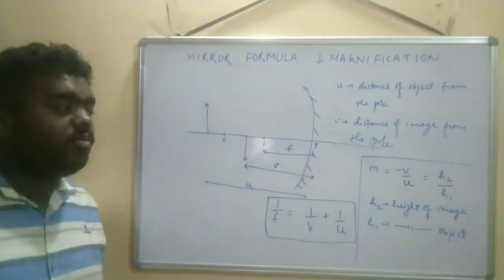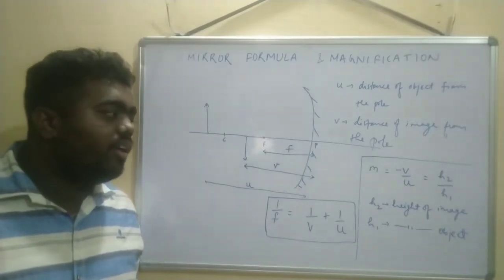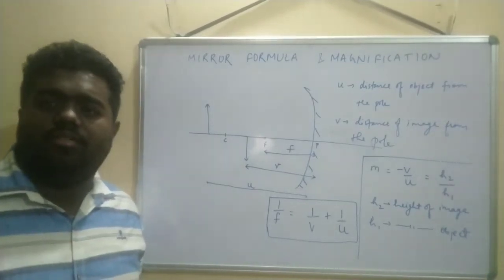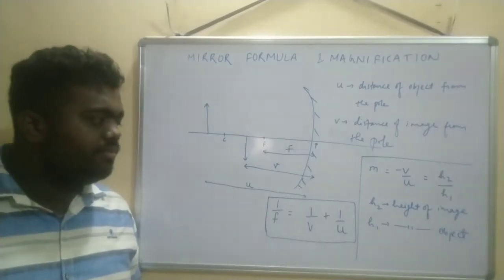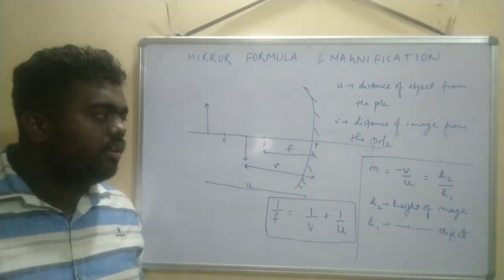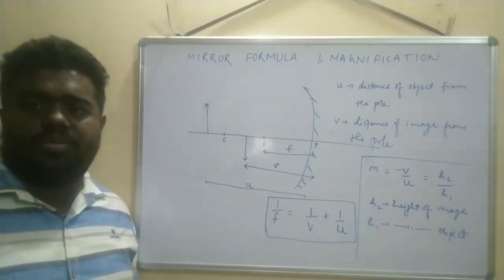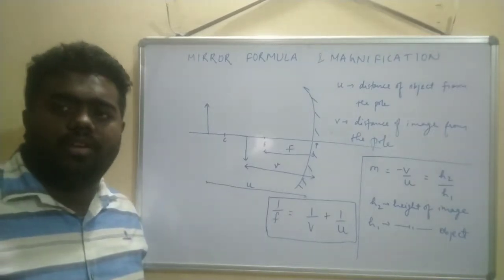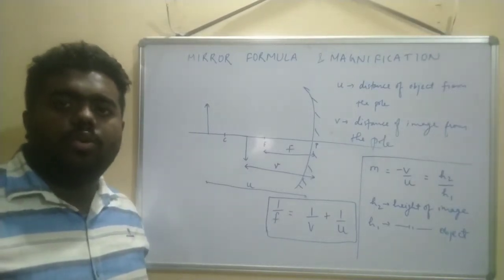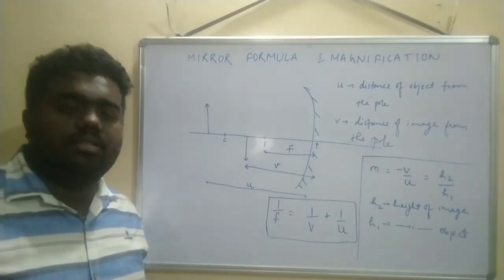This formula is necessary to calculate the height, or the magnification. From the height we can tell how much it has been magnified, how much bigger it became. Now in the numericals you can also see ray diagrams, where at last they will say draw the ray diagram for the above condition. So you should remember the ray diagrams also, which were in our previous class.